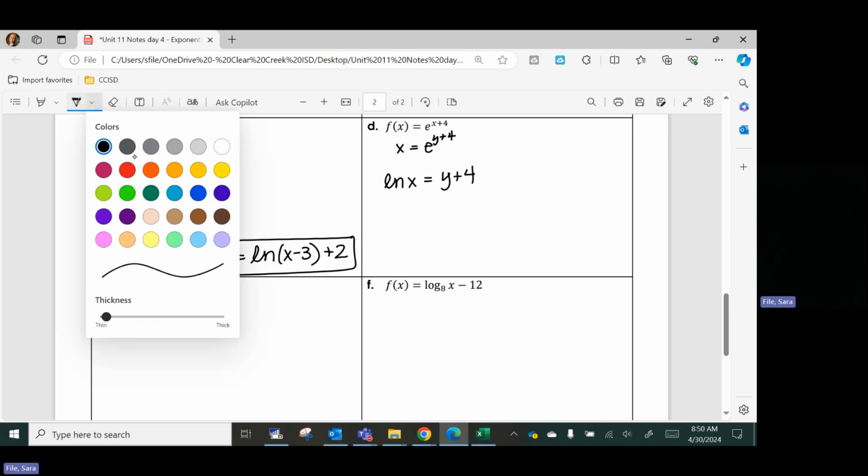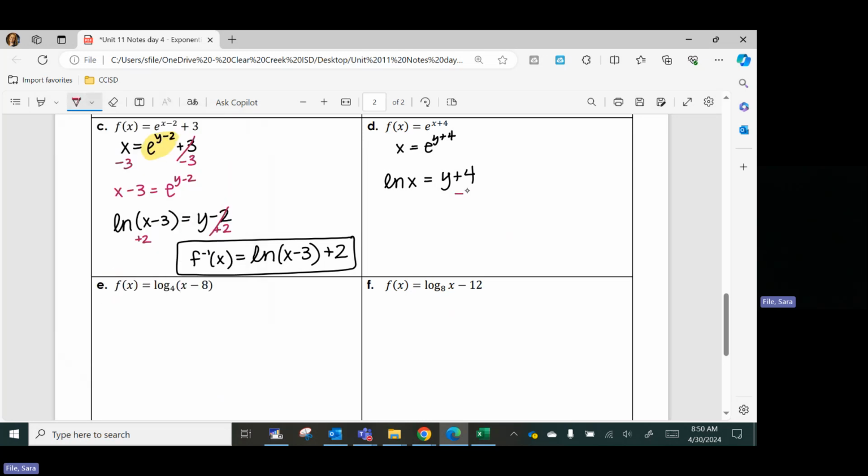I've not isolated the y yet, so I still need to do this minus 4. Now that, again, just like over here, that plus 2 that we moved at the end was outside the log. This minus 4 is outside the log. So you can write this as the natural log of x and then minus 4.